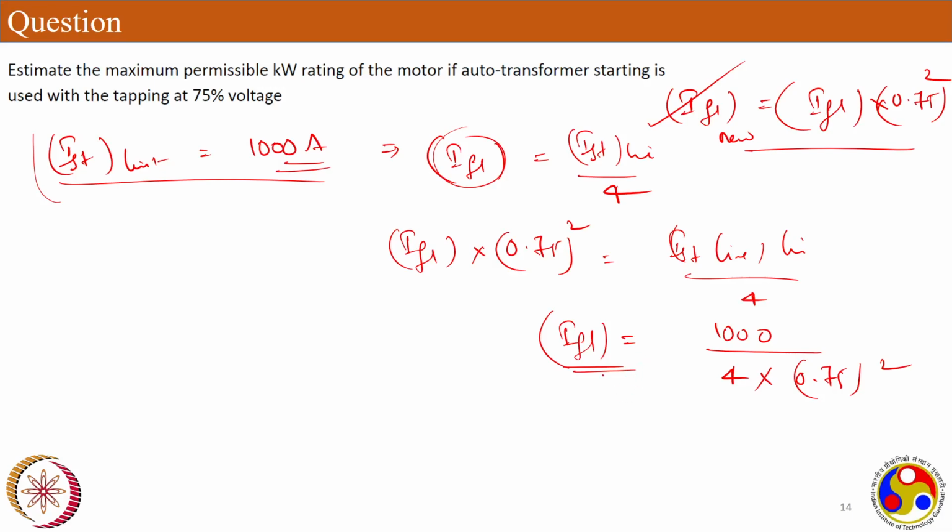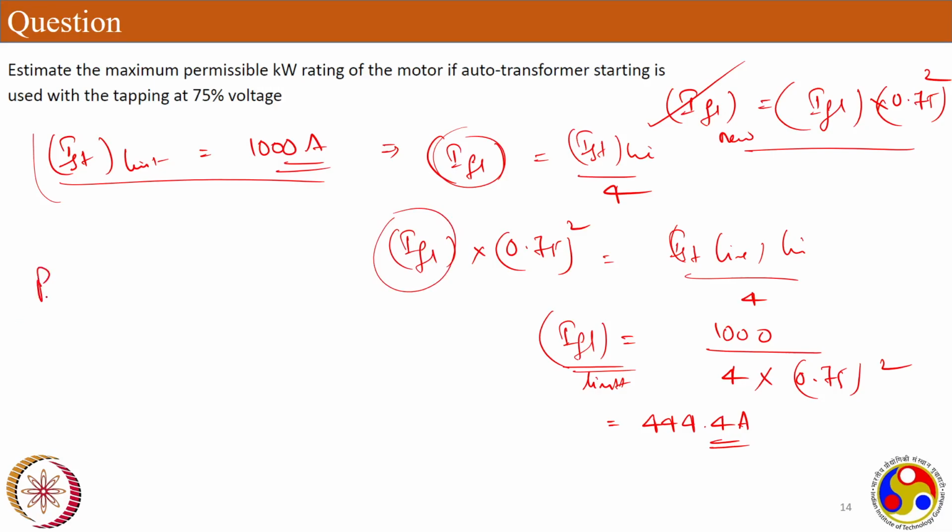What is your new full load current limit? 1000 by 0.75 squared, 0.75 times 0.75, 2.25... 1000 by 2.25. It's 444. So you can utilize more full load current limit in this auto transformer starting.